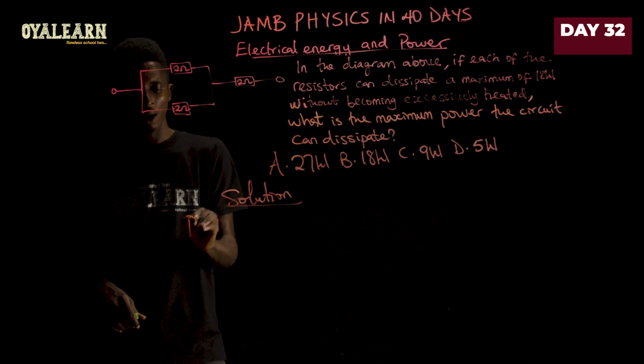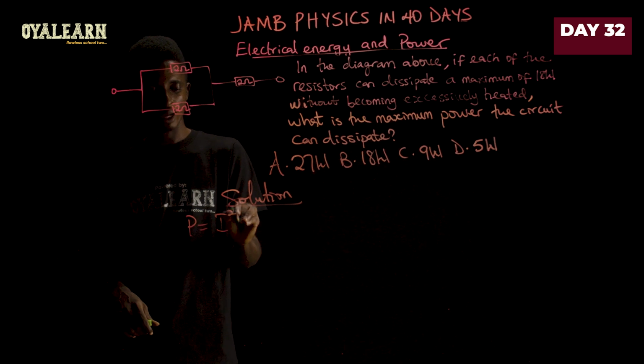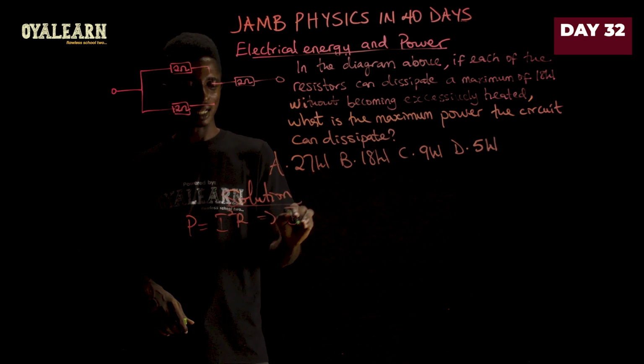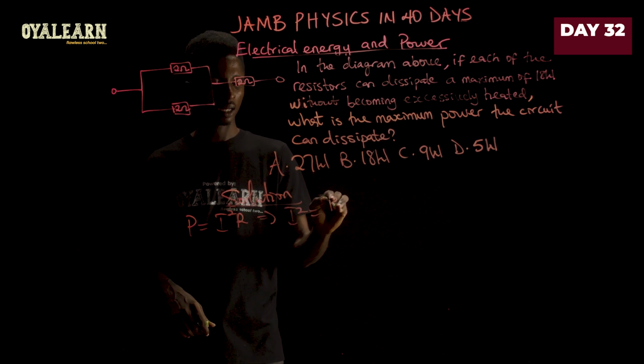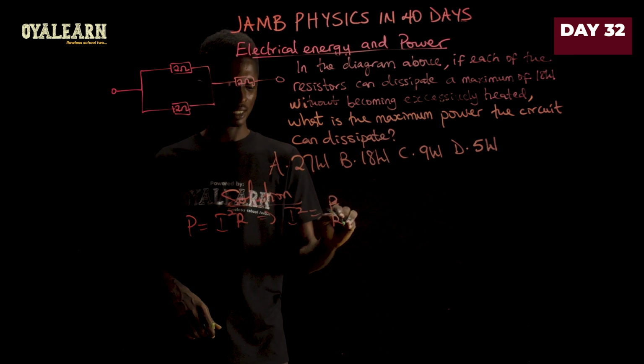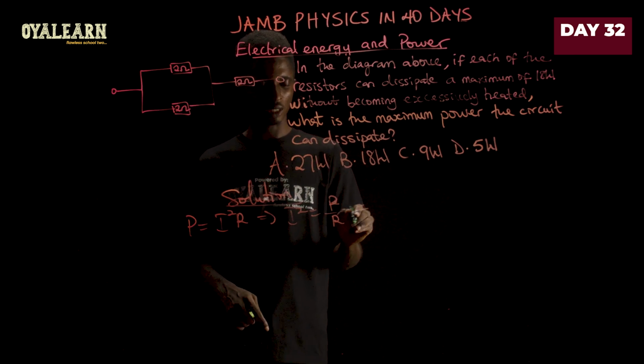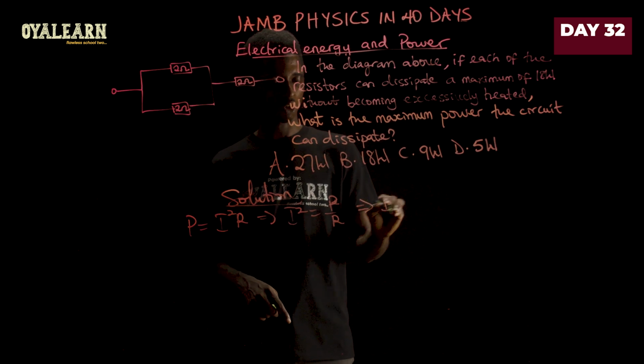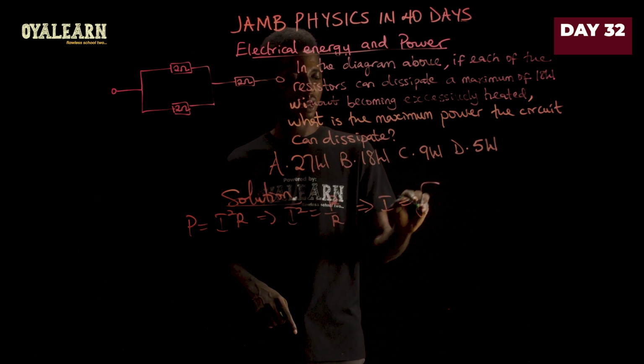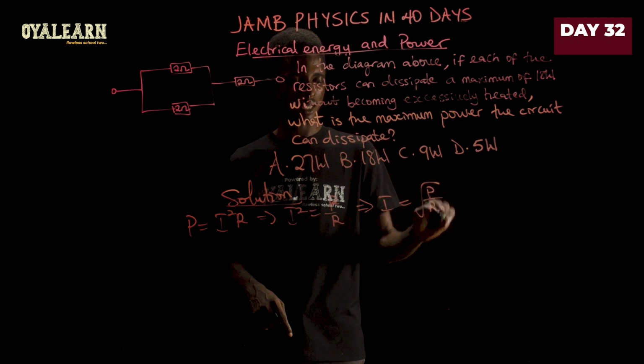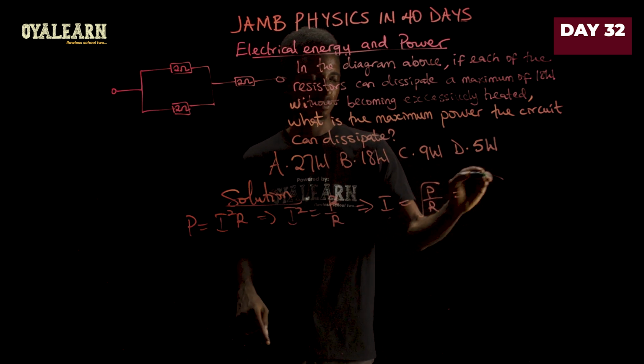Now recall that power equals I squared R. What this implies is that I squared equals power over resistance, which implies that the current is the square root of power over resistance. So let's find that.